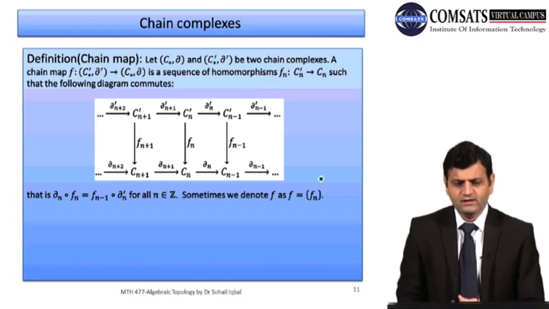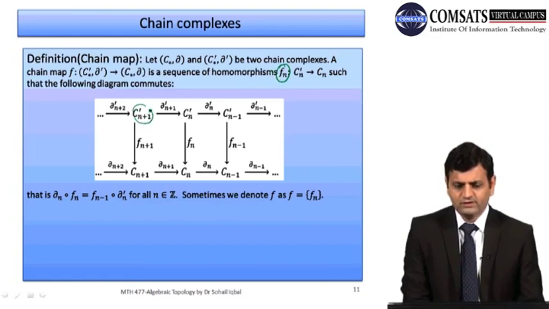Let's recall another definition from our previous discussion: what's a chain map? We have two chain complexes, and a chain map between them is a sequence of homomorphisms. So we don't just need one map, we need a sequence of homomorphisms: C'(n+1) to C(n+1), C'n to Cn, and C'(n-1) to C(n-1).